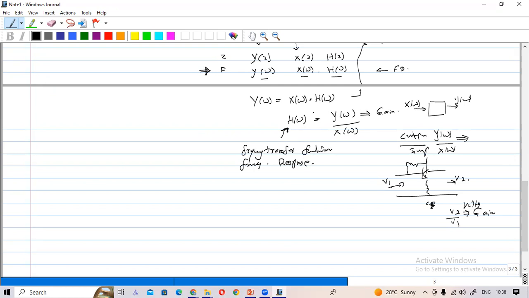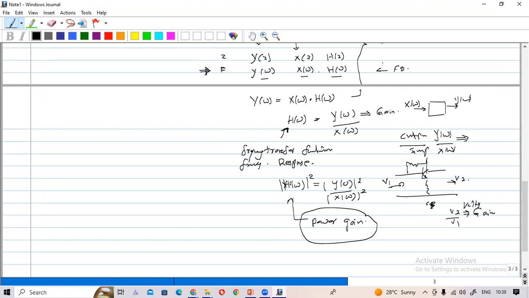If you take the magnitude of Y(omega) and square it, this will be power. This is the power gain of the system. Please try to understand this one also. Voltage squared is the power, no?